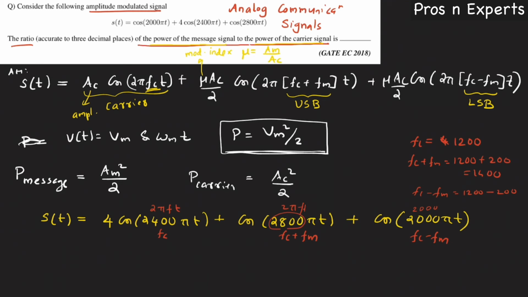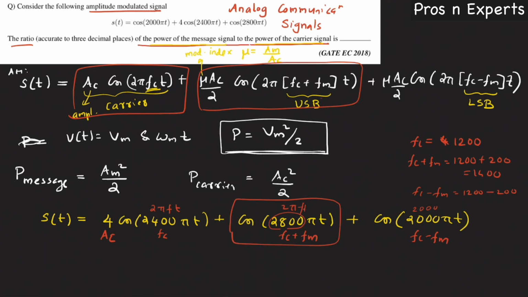So if this is the carrier term, then 4 should be AC when compared to this term. Then when comparing this term with this term, because this is the USB, this is fc plus fm, this is fc plus fm.